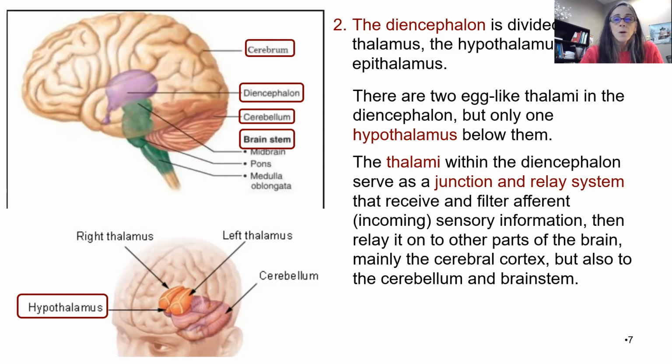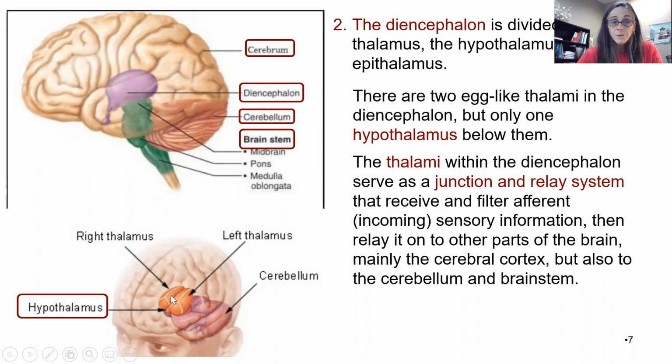So next, what do we have? We have the diencephalon. If I go back to the beginning, here's our diencephalon again, our egg, and this is what the egg actually looks like. The diencephalon has 3 parts. It has the thalamus, which is like 2 eggs together, so you have a right and a left thalamus.